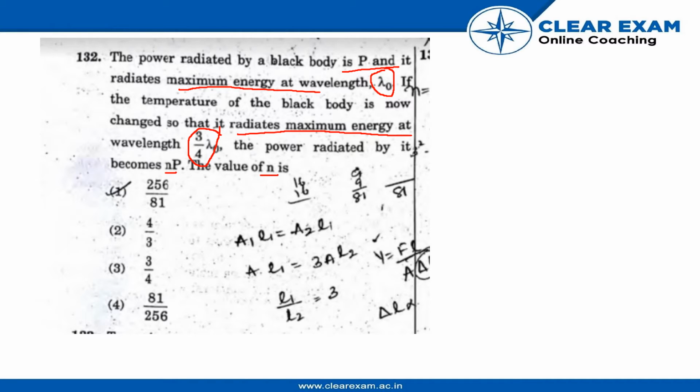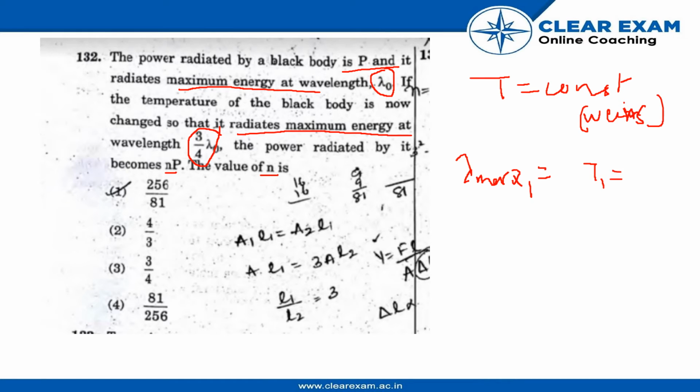So basically, as we know, the constant over here is Wien's law. Lambda max times T is constant by Wien's law. So lambda max 1 times T1 equals lambda max 2 times T2.